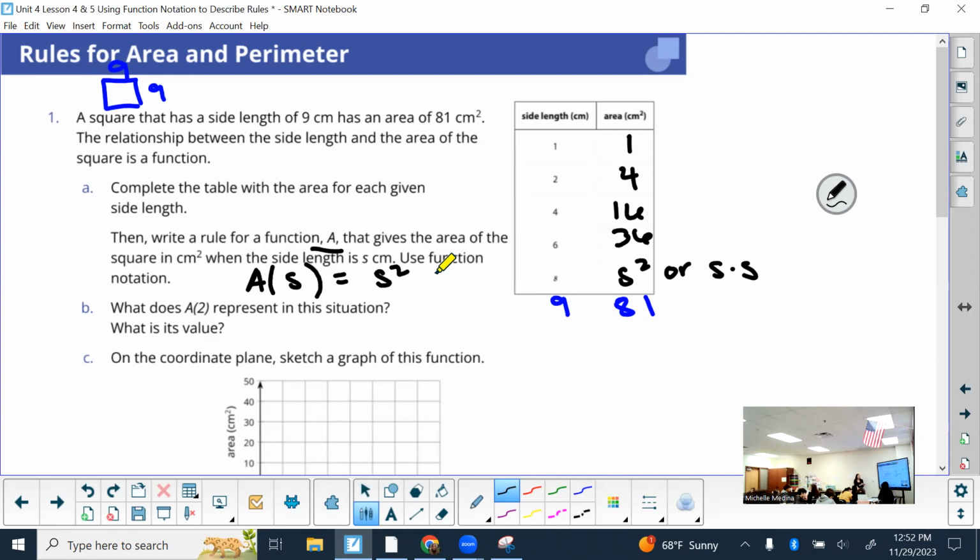So what does A of 2 represent? When the input is 2, what does that mean in this situation? When the side length of a square is 2 centimeters.